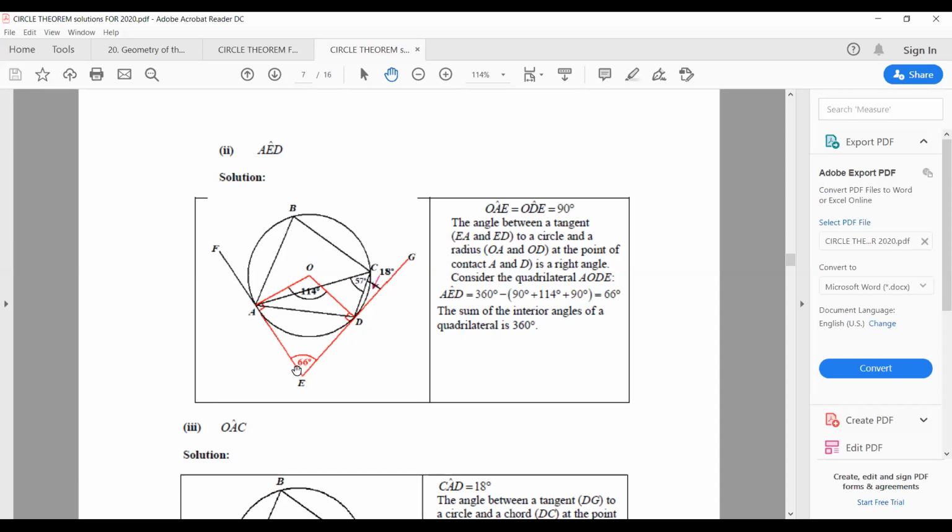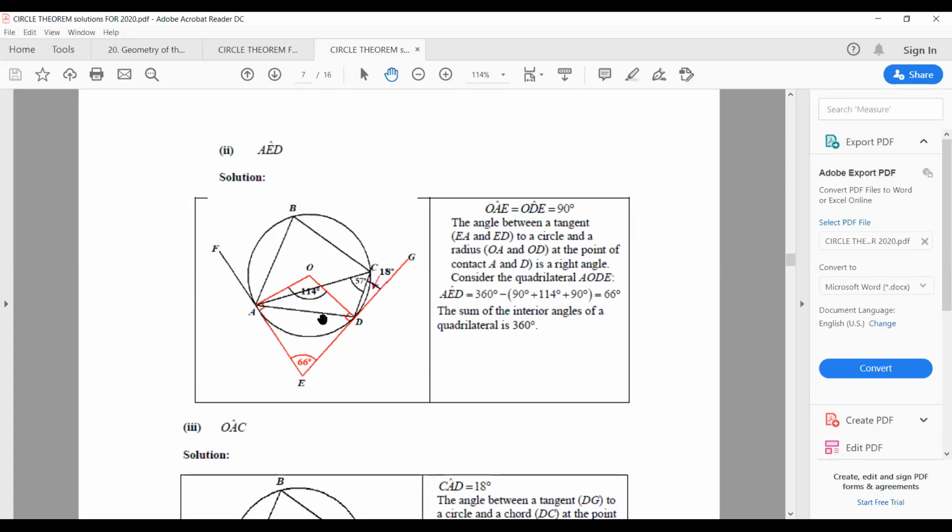So that means that here is 66. Again, if this is 90, this is 90, that means 90 plus 90 plus 114, and when you take it away from 360, you will get 66, because all the angles in a quadrilateral add up to 360. We did that when we did quadrilaterals, right?